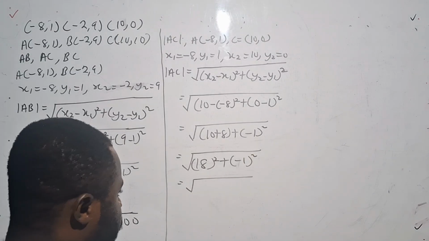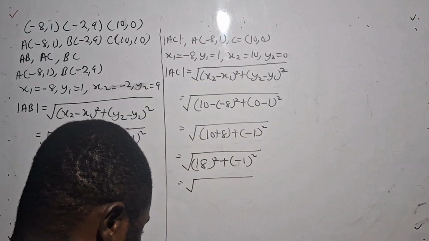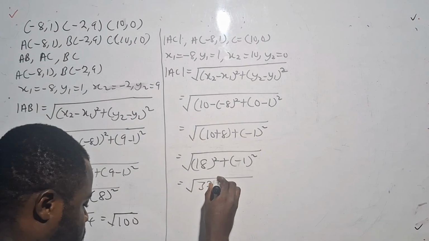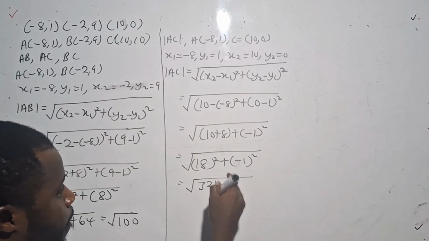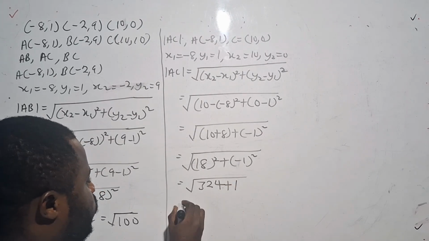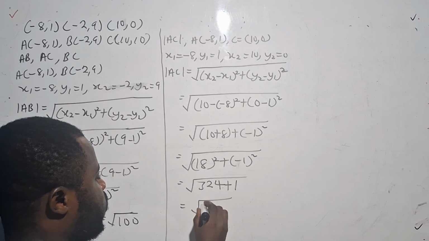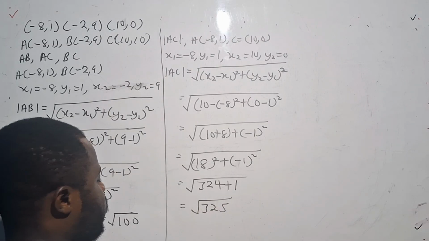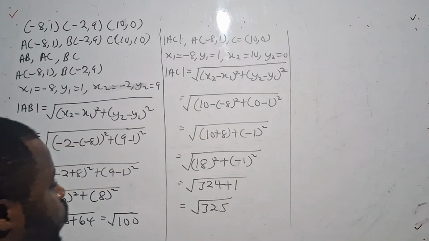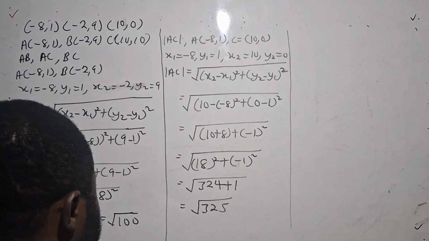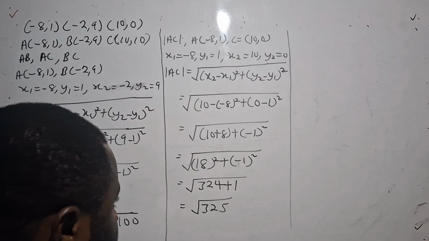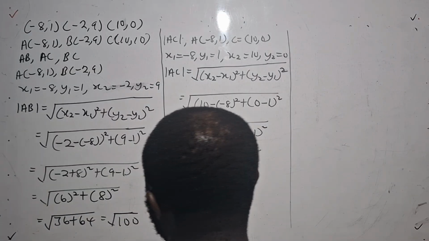So now let's find 18 squared, which is 324 plus 1 squared, which will give us 1. So this one will give us the square root of 325 here. So this one too has given us 325. This one we maintain in its square root. So there's a reason for that.